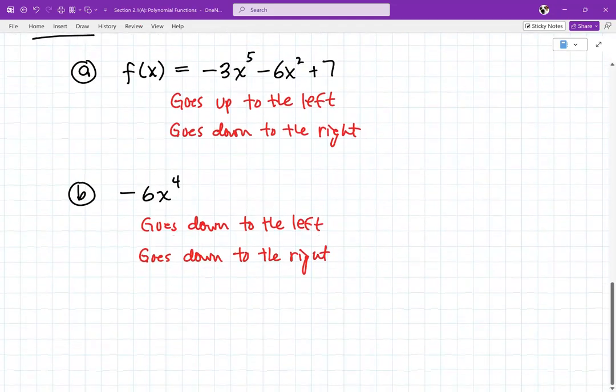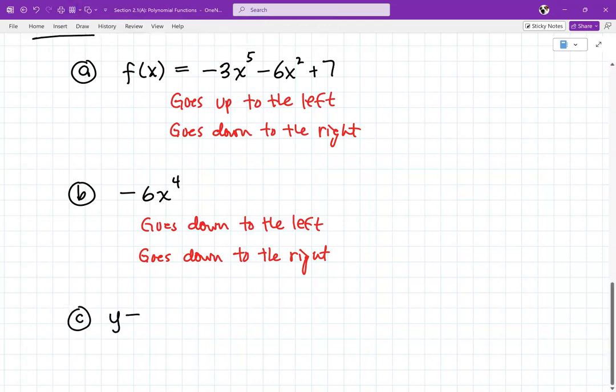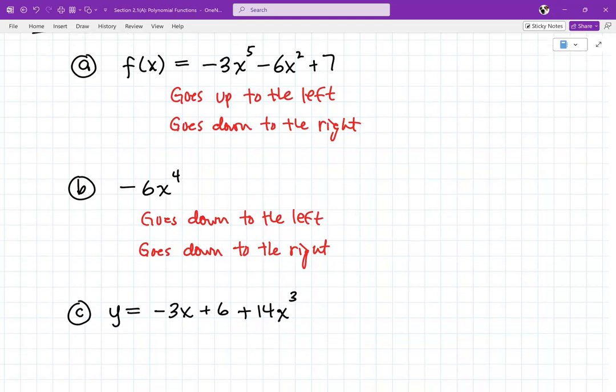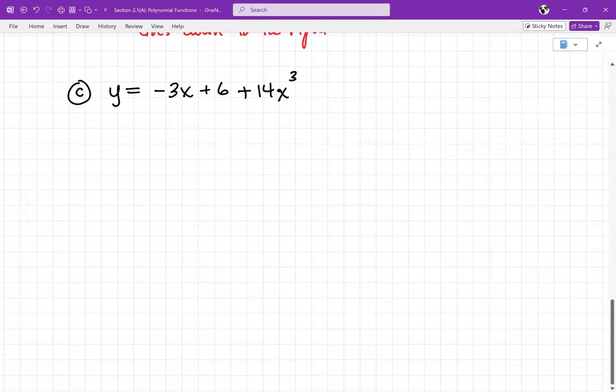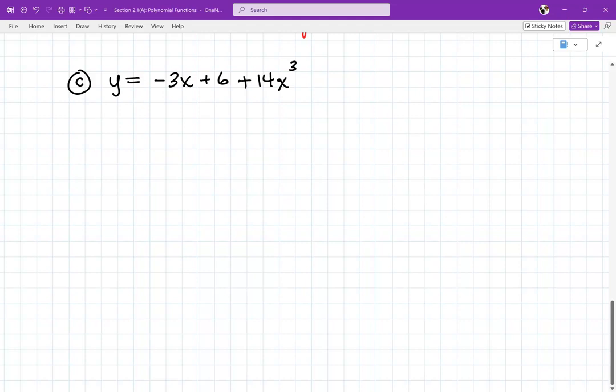All right, now I'm going to give you a tricky one, and then after that, we're done. Now, I say tricky, but it really isn't. Just pay close attention. So again, I want you to tell me which way it goes. So write it down, okay?